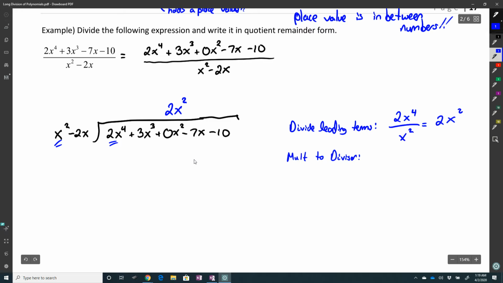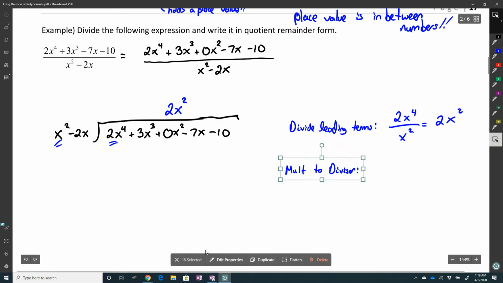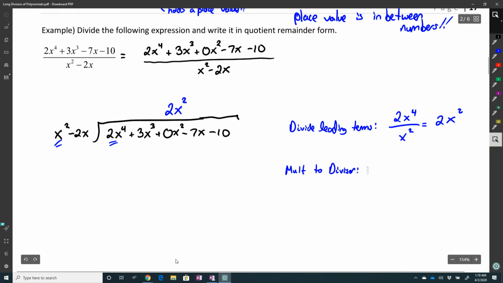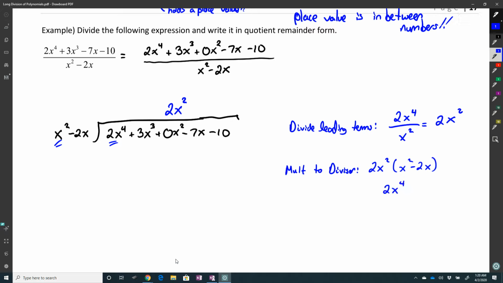So I have 2x squared and my divisor is x squared minus 2x. When I do that, I get 2x to the fourth minus 4x cubed. I'm going to write that underneath. 2x to the fourth minus 4x cubed.